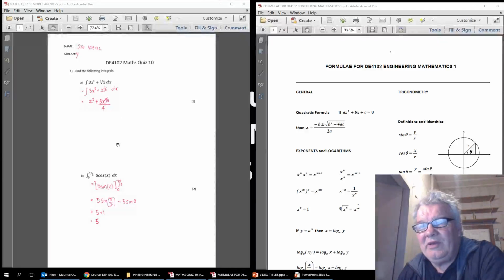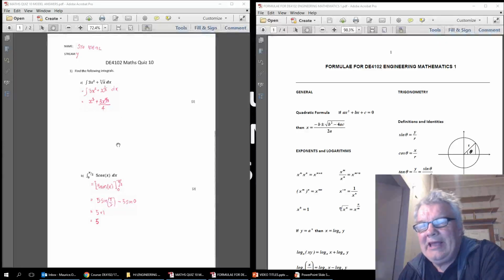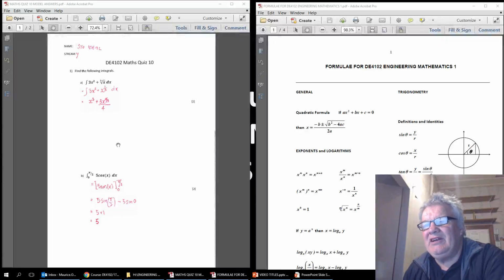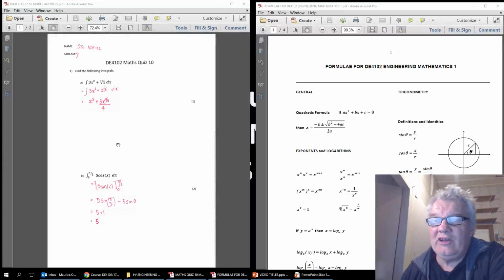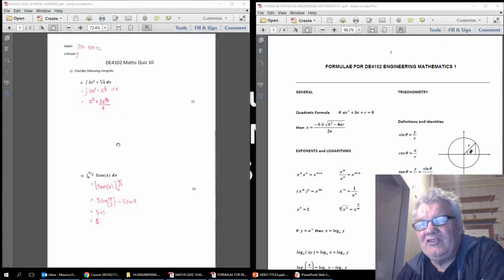Now x to the power of 1/3, so we're going to add 1 to that. 1/3 plus 3/3 is 4/3, and then we divide by that, really the reciprocal, so we divide by 3/4. So okay, let's differentiate that.